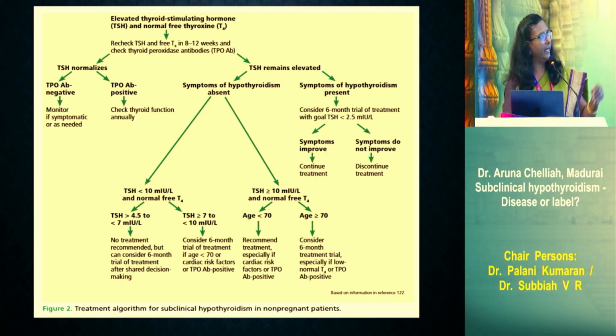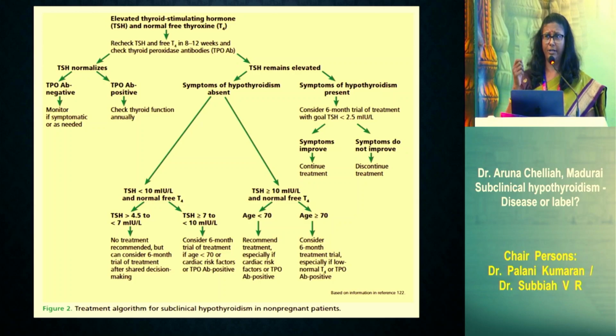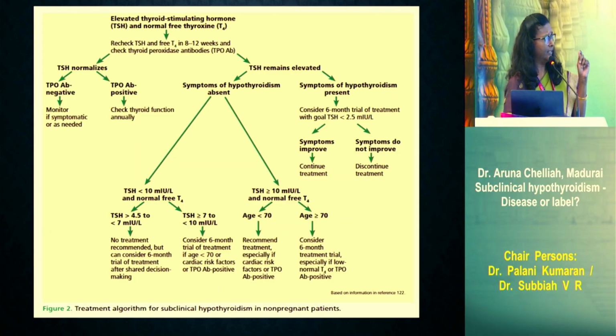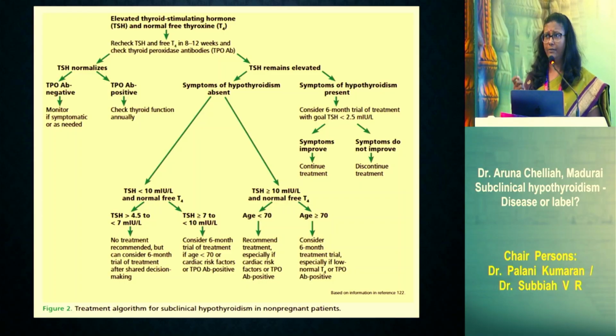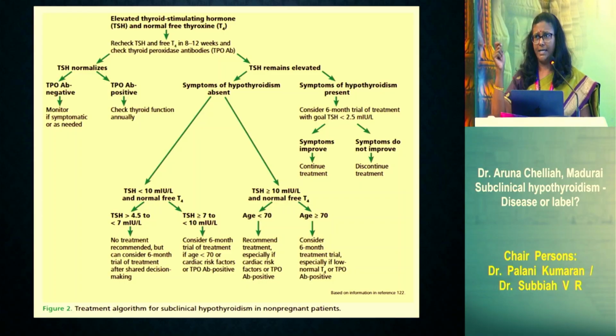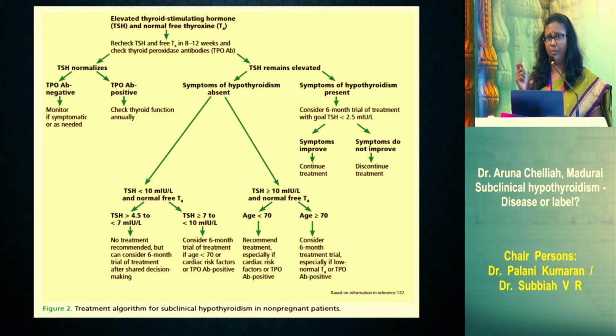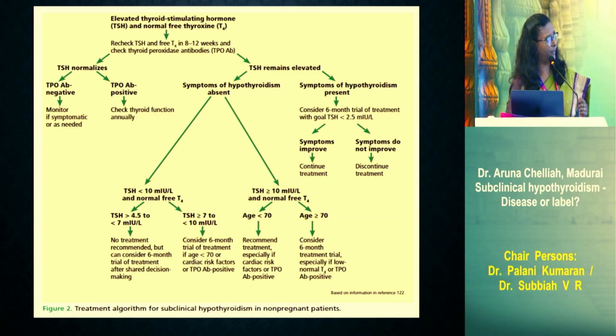Then going on to greater than 10, definitely for ages less than 70, recommend treatment, because there is a very strong relationship between untreated subclinical hypothyroidism and bad cardiovascular outcomes. Greater than 70, please, you can give a trial, but be very careful, start low, and titrate slow. That's very important. You don't want to give a heart attack to this patient.